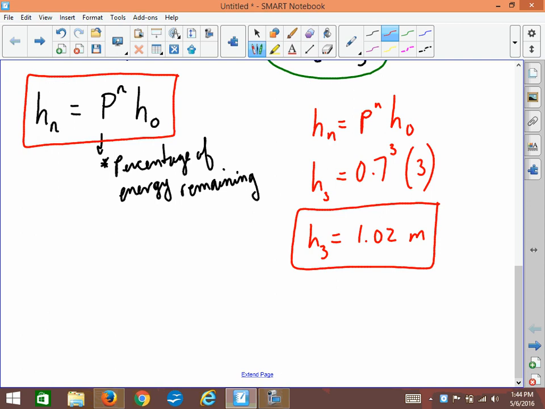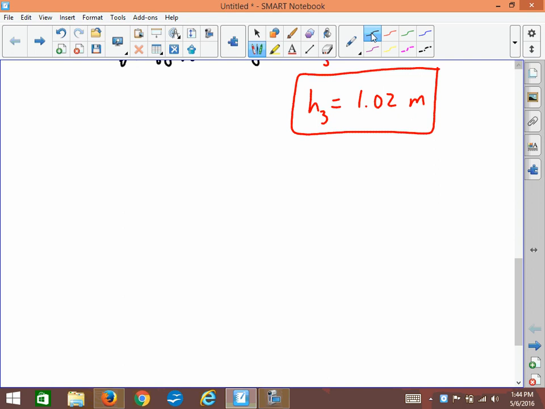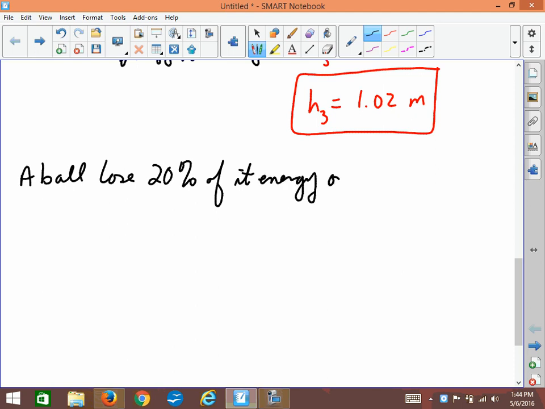Now, the only way this could be different is sometimes a question will ask, instead of telling you how efficient the ball is, the question might say, a ball loses 20% of its energy on each bounce. Okay?